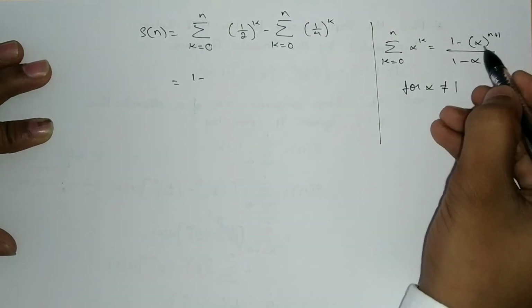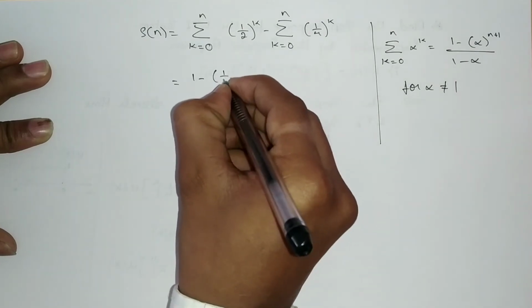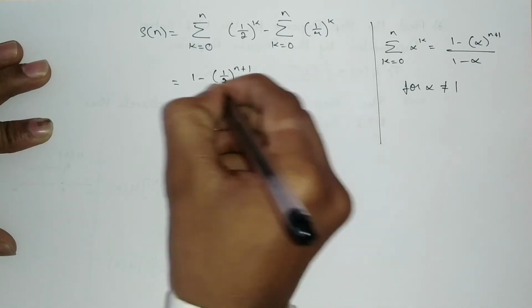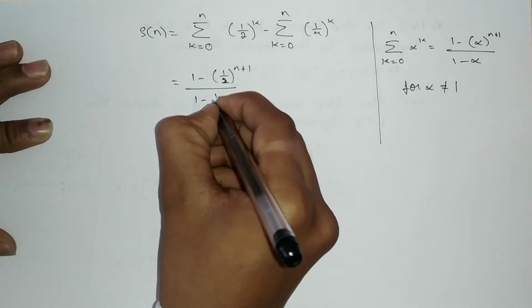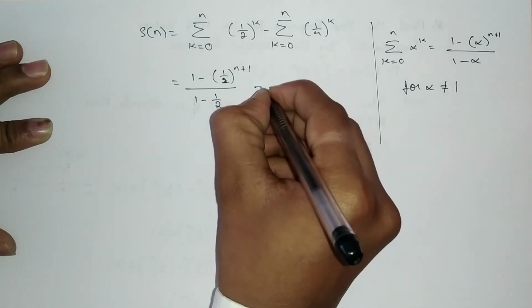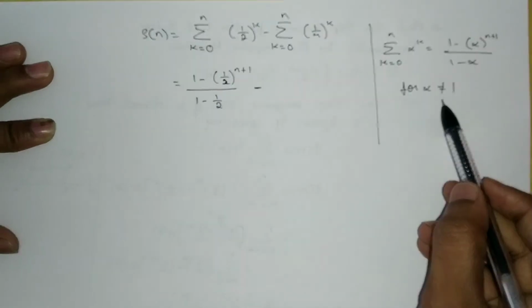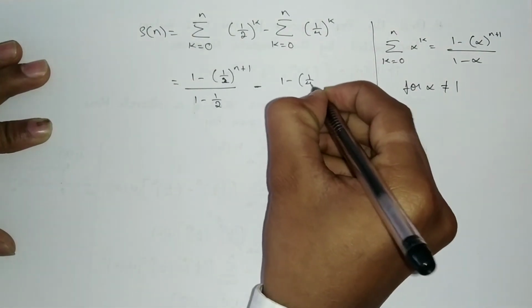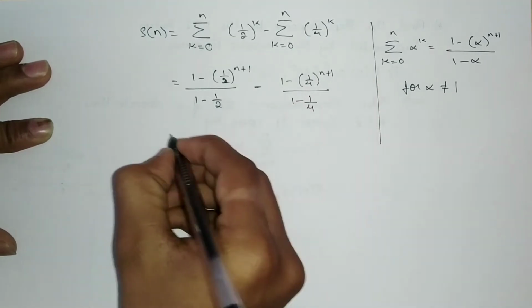Here the alpha is 1/2, which means 1 minus (1/2)^(n+1) divided by 1 minus 1/2. For the second term alpha is 1/4, which is also not equal to 1, so we substitute 1 minus (1/4)^(n+1) divided by 1 minus 1/4.